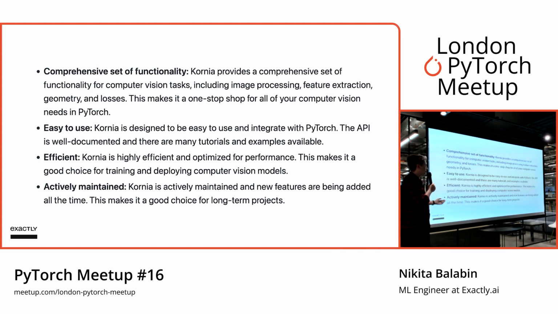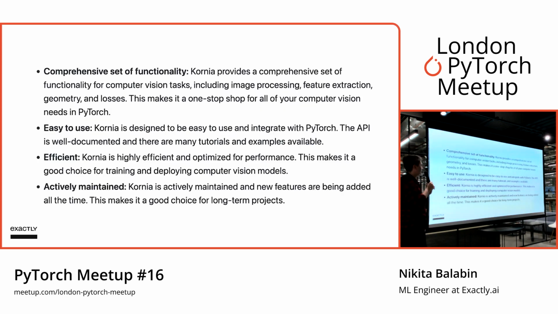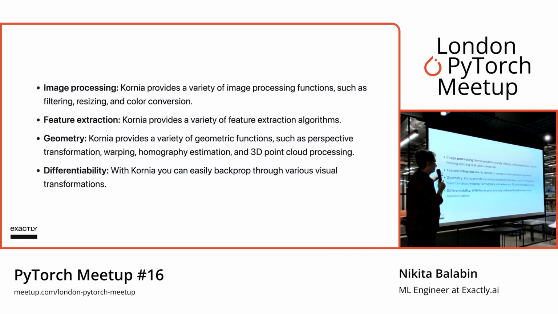First of all is Kornia. Kornia is like OpenCV for computer vision, but it's native to PyTorch, so it works really fast if you implement and deploy neural networks. It's really easy to use, and it always gets new computer vision features. Here are some basic examples, like filters, color transforms, warping, and 3D point cloud processing.